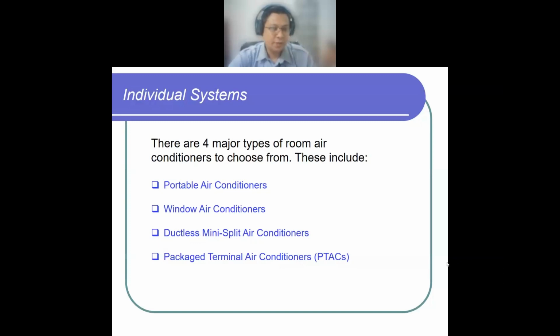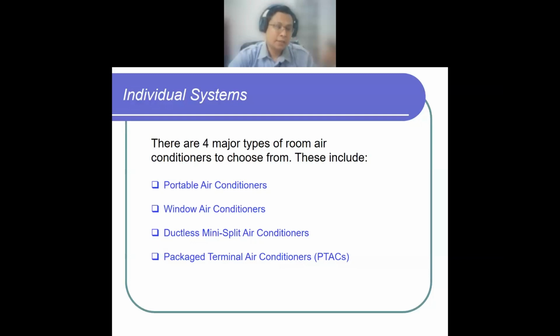Another one is the window air conditioner. Actually, this one is an old type of aircon system. We make a hole in the wall to attach the system, so we put it in the hole of the wall.